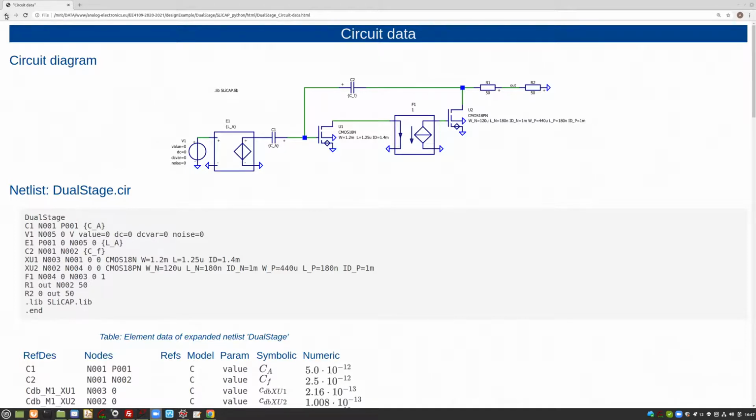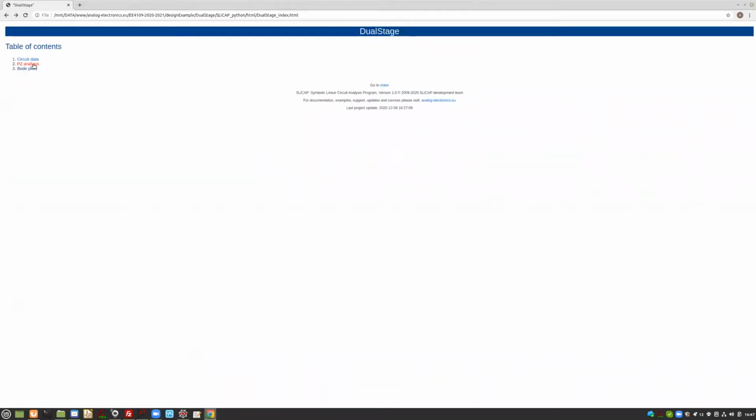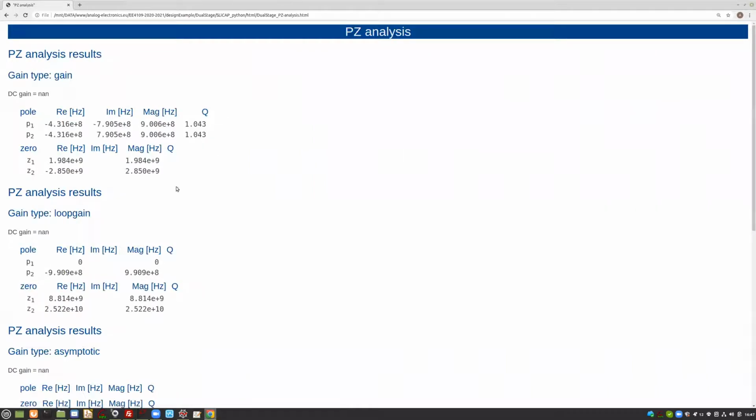What I also showed you is that you can do the pole zero analysis for all the gain types. And so we have seen in the result that the quality factor of the poles is about 1. It should be 0.7, and the loop gain has two dominant poles.